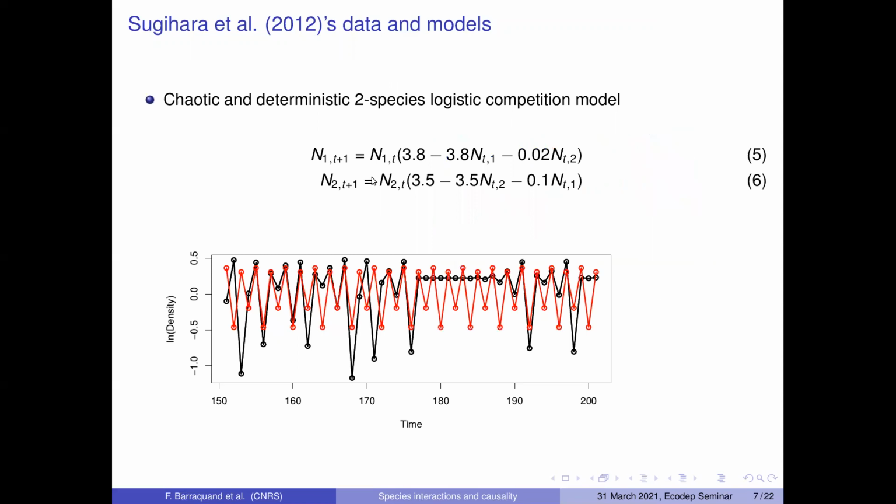And then we used the chaotic and deterministic two-species logistic competition model, also in the original Sugihara paper. And we considered this model with interaction between the species, these terms here, and we considered also the model without interaction between species. We do this for all models to test for the possibility of false positives.